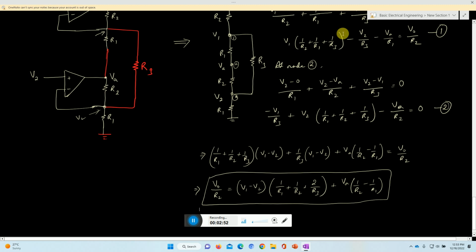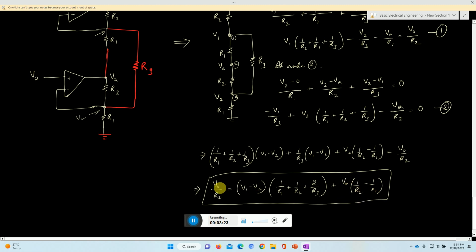So (V1 minus V2) times 1 by R3, and again VA has 1 by R2 minus 1 by R1, equal to V0 by R2. So V0 is (V1 minus V2) taken common, times (1 by R1 plus 1 by R2 plus 2 by R3), plus VA times (1 by R2 minus 1 by R1).